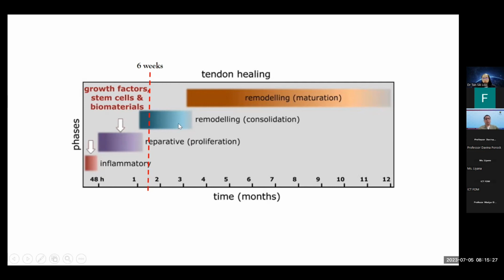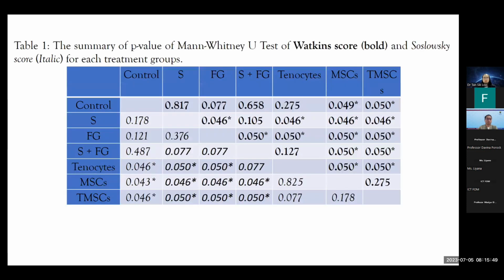So at 6 weeks, tendon healing is at the remodeling stage, and from the histology observation, the cell-based treated groups present close to the mature tendon healing stage. This is a table that summarizes the p-value scores for tendon healing, and from this scoring, there's no significant difference between these cell-based treated groups.